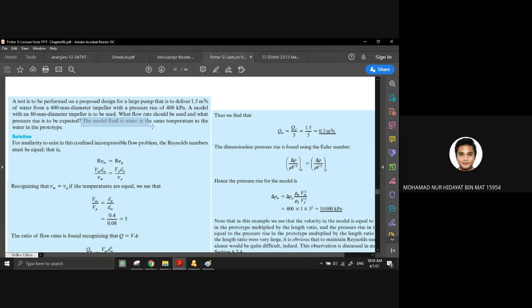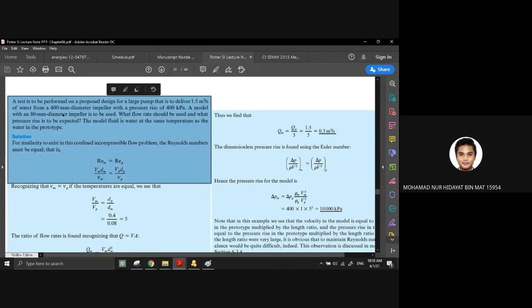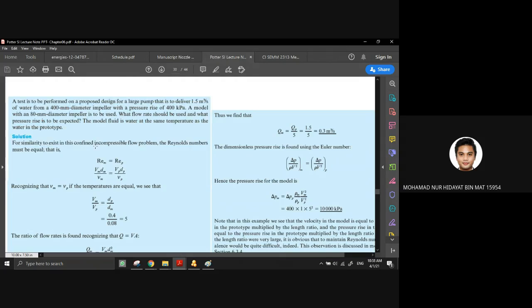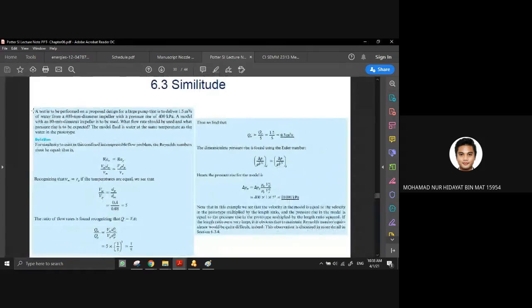Water is incompressible, at the same temperature as the water in the prototype. So for similarity to exist in a confined incompressible flow, the Reynolds number must be equal, because this is dominant with the Reynolds number.